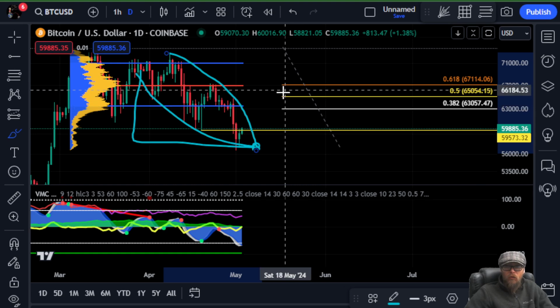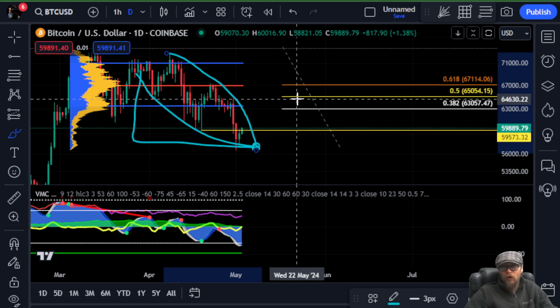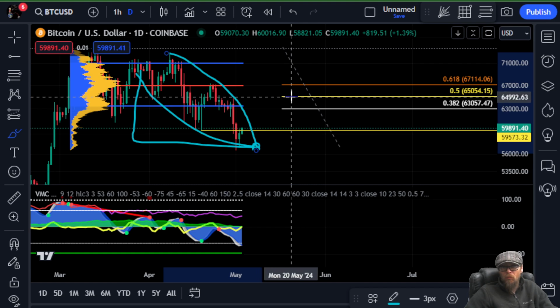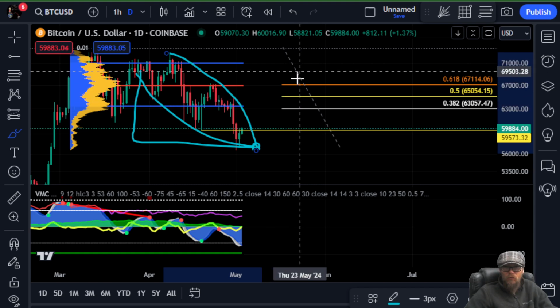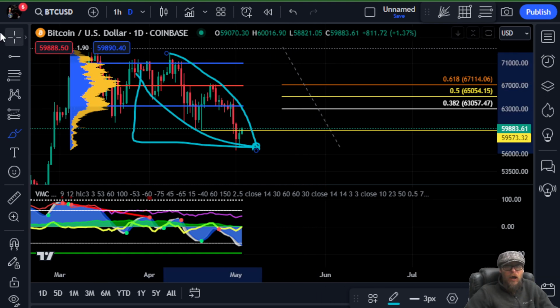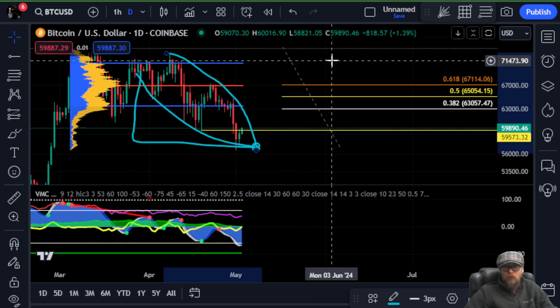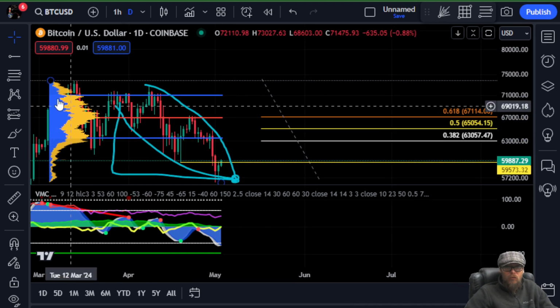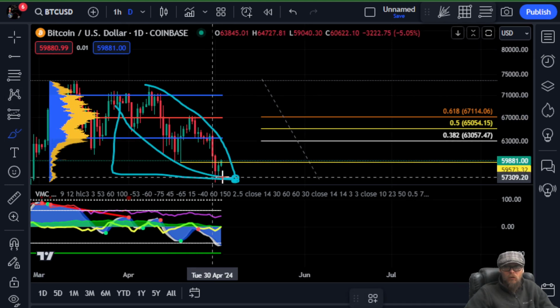I would be looking for a retrace to this 50% mark or just shy thereof, if not more. And really, as far as a higher high goes, first we need to get this move.